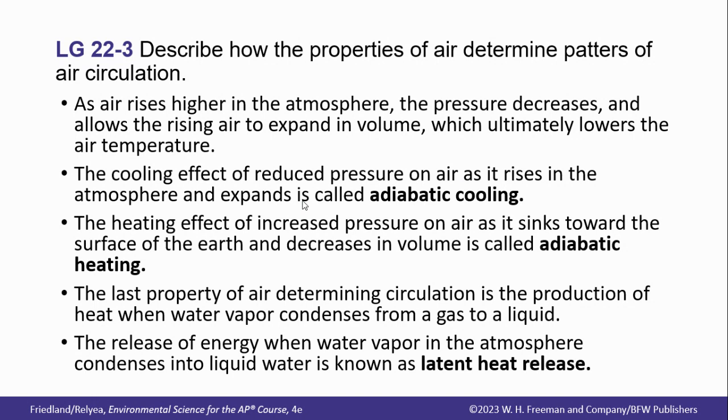The last property of air determining circulation is the production of heat when water vapor condenses from a gas to a liquid. So, precipitation. The release of energy when water vapor in the atmosphere condenses into liquid water is called latent heat release. So, the energy that's released whenever it rains is called latent heat release.